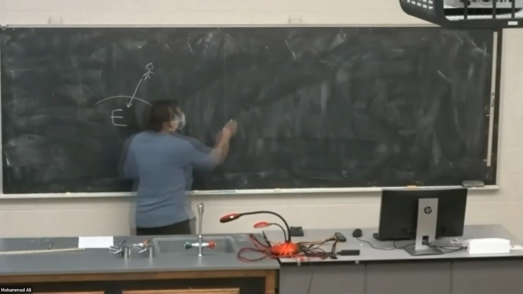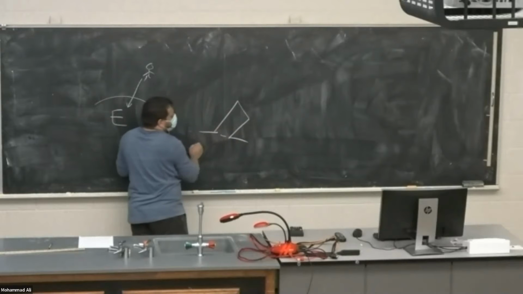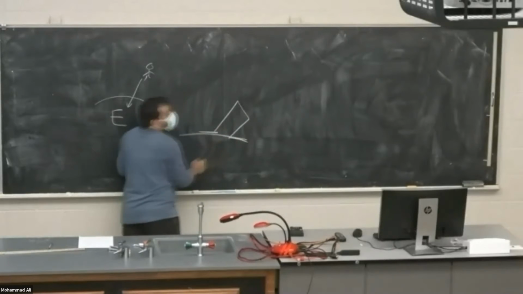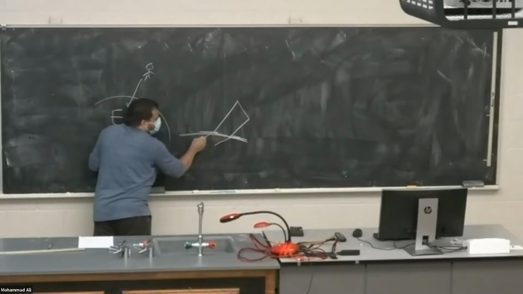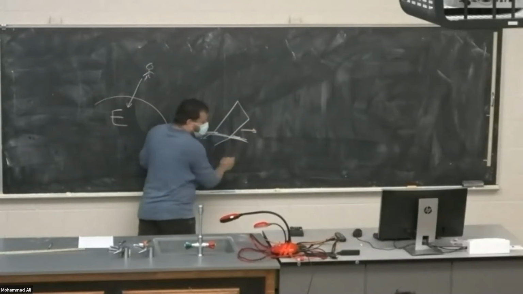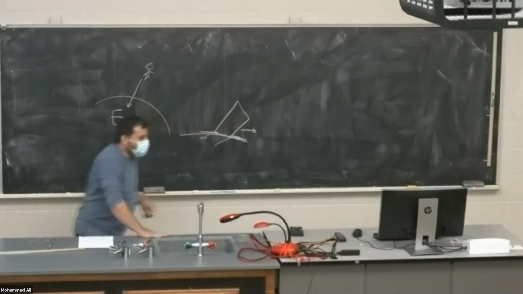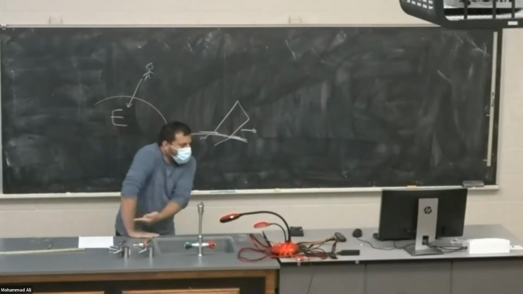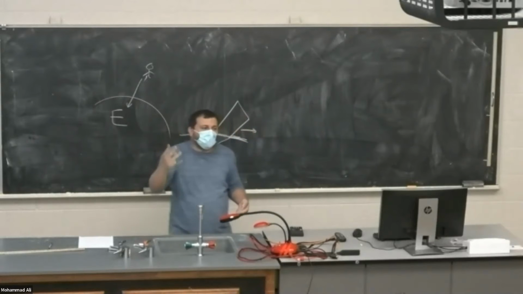If I am walking, there is an interaction between my foot and the ground. I push the ground backward, the ground pushes me forward. Because of that, I am walking like this. This is Newton's third law, you know about it.